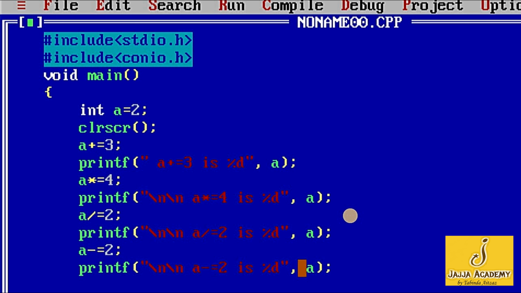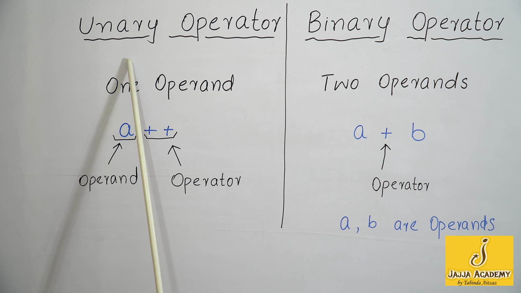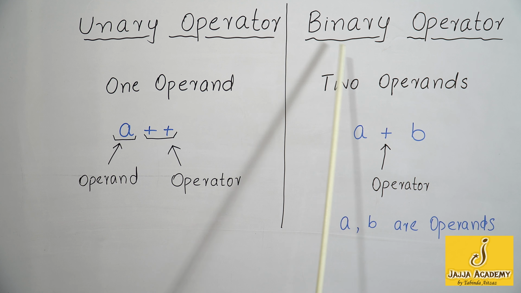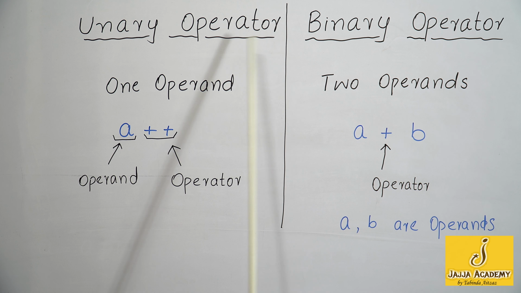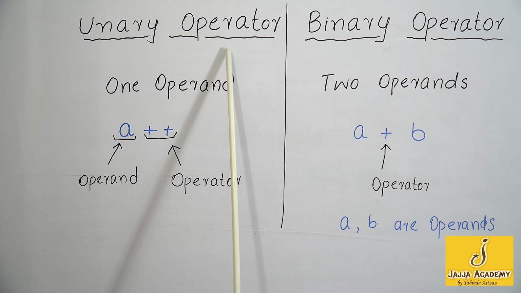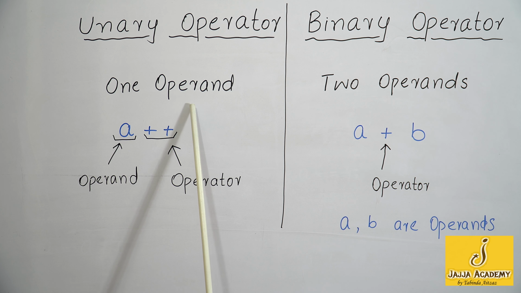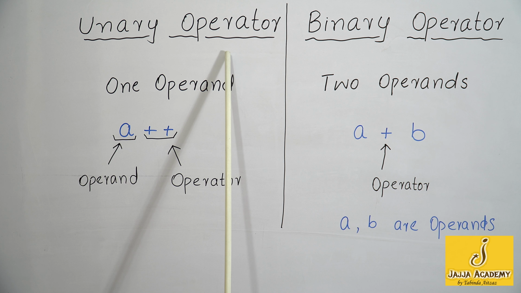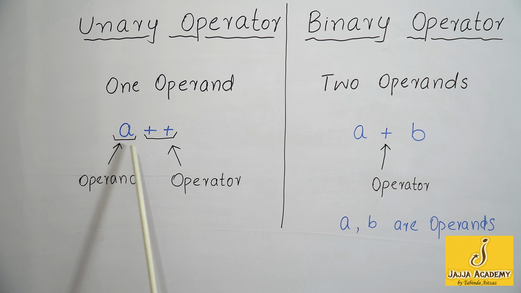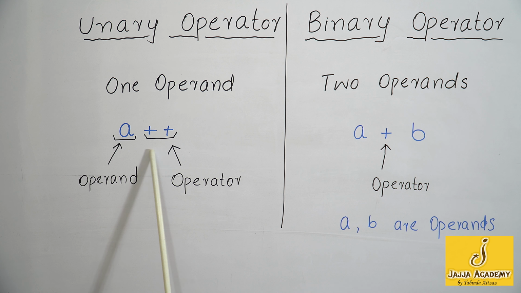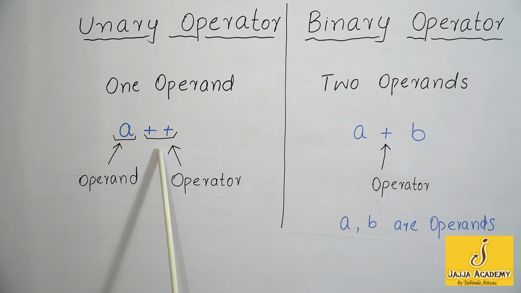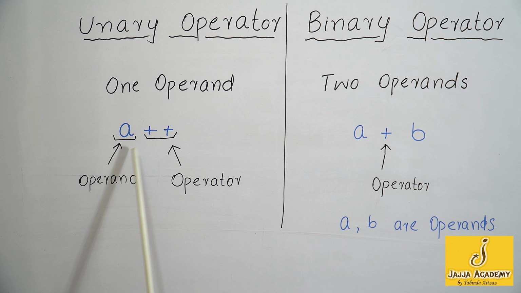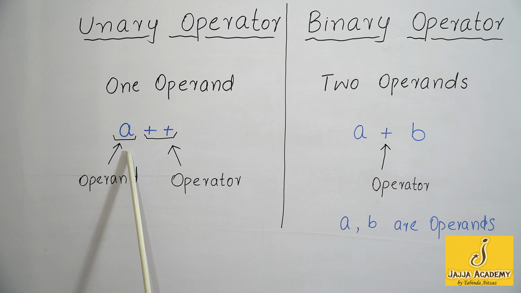Now let's discuss the unary and binary operators. Let's see the difference between a unary operator and a binary operator. Operators which are applied on one operand are known as unary operators. For example, A++. Plus plus is an increment operator which is a unary operator, and A is the operand.